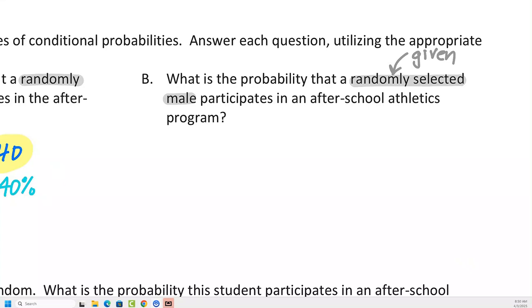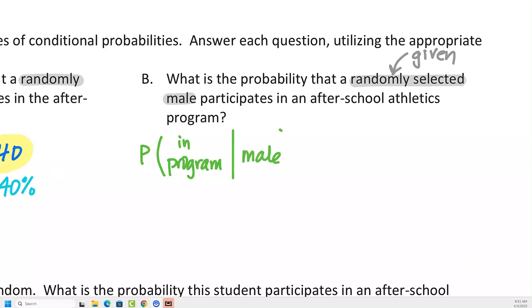Participates in an after-school athletics program. Okay, so this time, I'm going to do it in green. So we have the probability that they are in program, given that they're male.